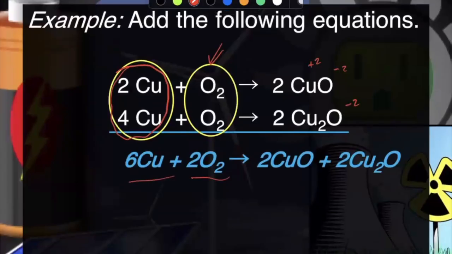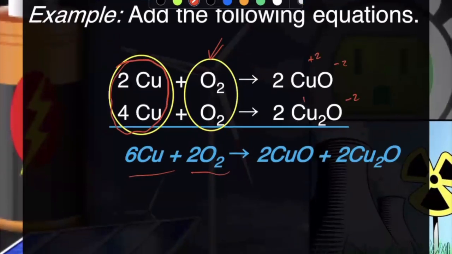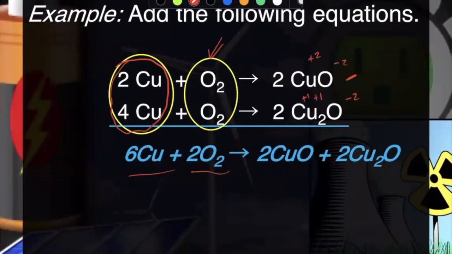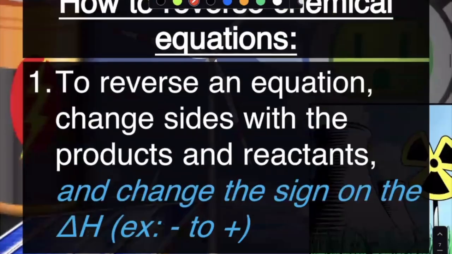This copper, since there's 2 of them, would be a +1, and you have 2 of those. So this would be copper 1 oxide. Copper 2 oxide and copper 1 oxide are different, and therefore you cannot combine the copper and the oxygen. So you would simply list that as 2 moles of copper 2 oxide and copper 1 oxide.